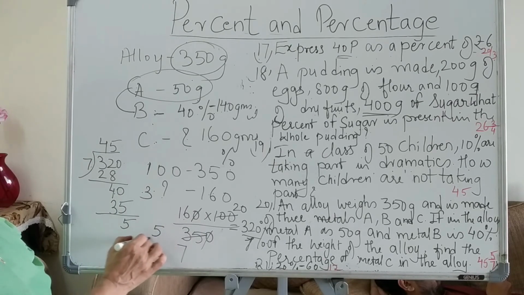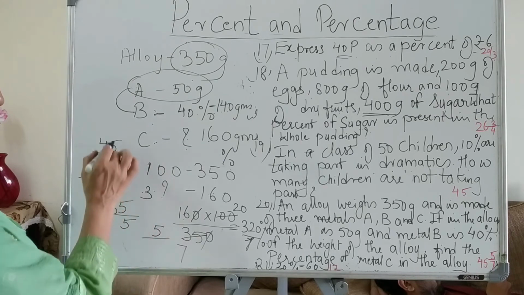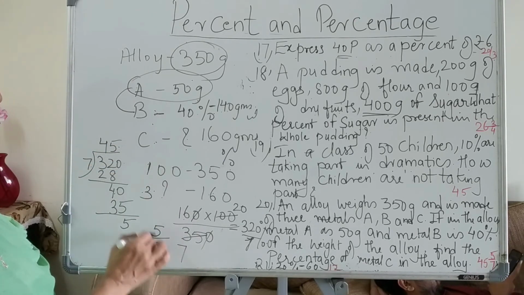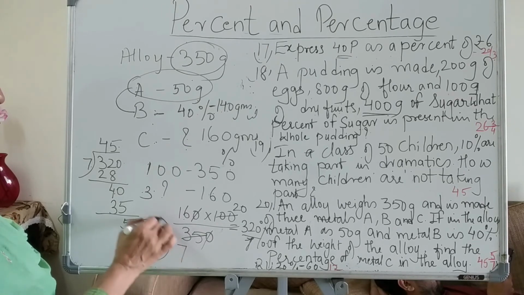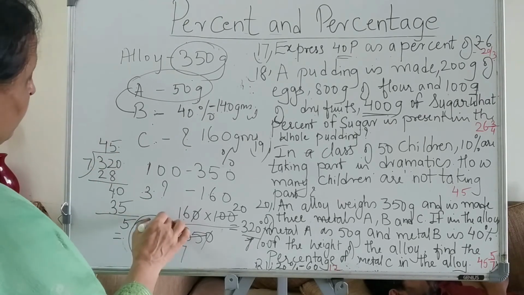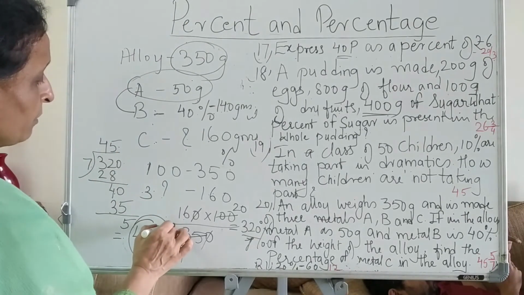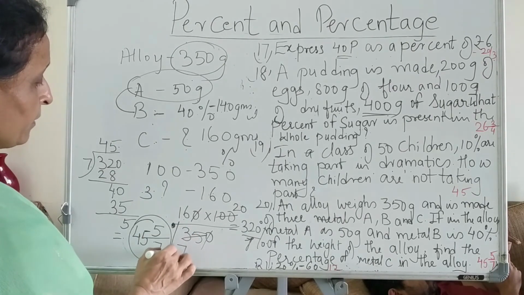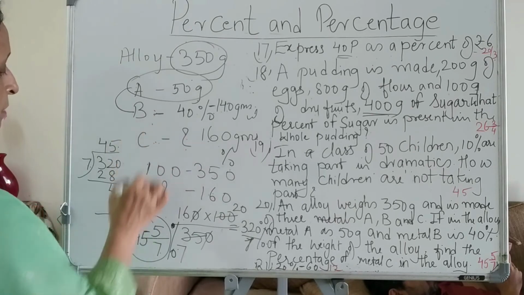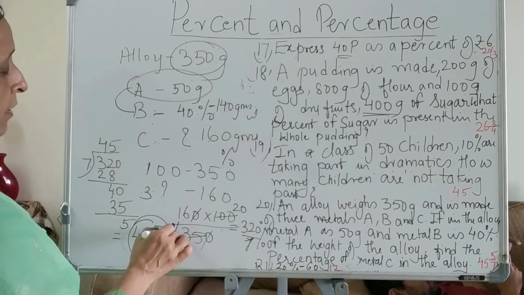Remainder at the top, divisor at the bottom, and whatever the answer you get, 45 5 by 7, that is the answer. So how much percentage is C? C is 45 5/7%.